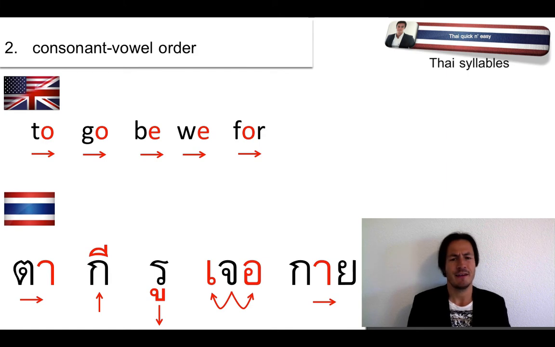Now this is very confusing, or may appear very confusing. Okay? But actually it's not, because what we have to think about, if you think about Thai language, is the difference in terms of reading the syllables.